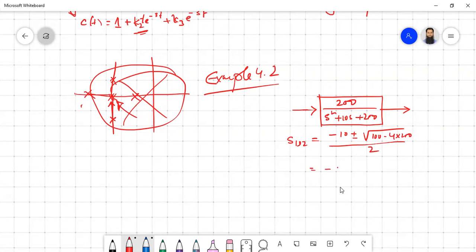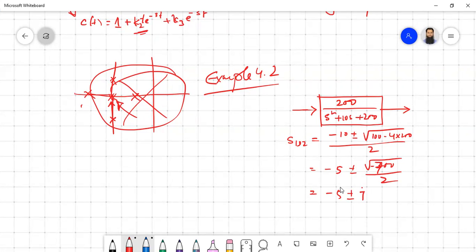So basically minus 5 plus minus root of 100 minus 800, so 700, by 2. Oh, sorry, one thing I forgot is there is a minus. So because of the minus sign, we will have minus 5 plus minus j something.